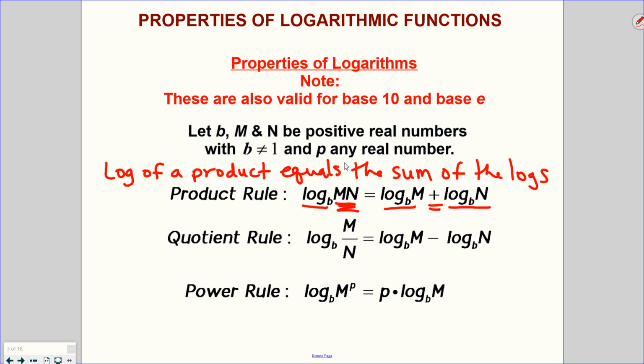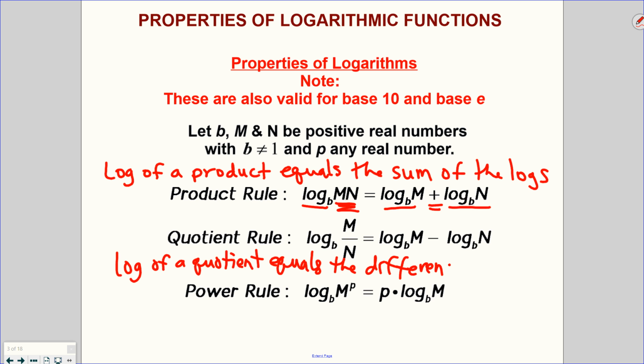So the quotient rule would be the log of a quotient equals the difference of the logs. So again, log of a quotient, so we're dividing, equals the difference, which means subtraction, of the logs.